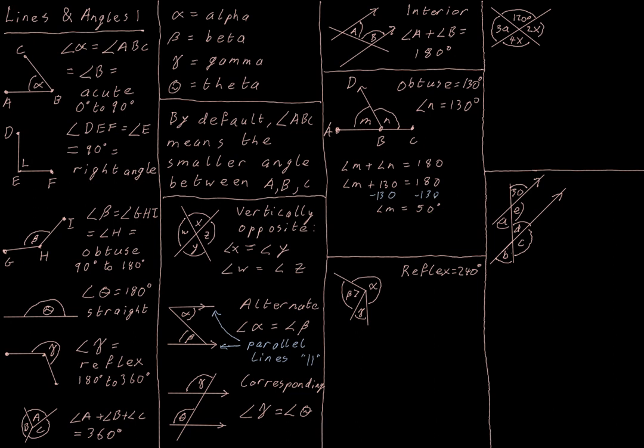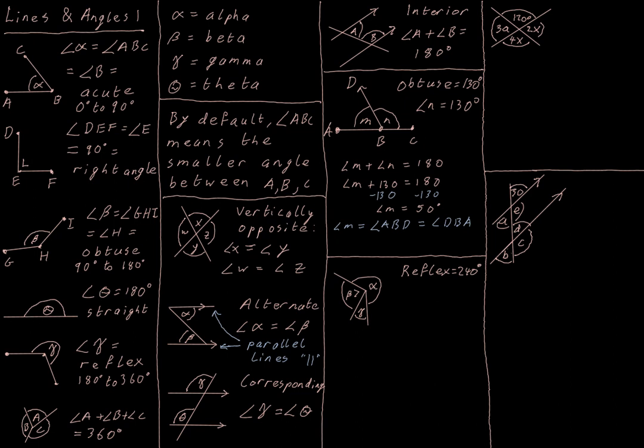Now, just as a naming point, the angle M could also be called ABD or DBA. So let's write that down. And the way that we are getting that is we start at one of our points, we walk to the corner we're talking about, walk into the angle we're talking about, and then walk back out along the opposite arm. And that's how we get the names for our angles.